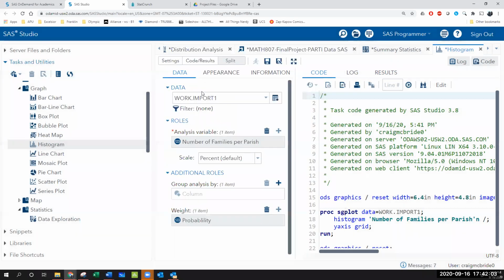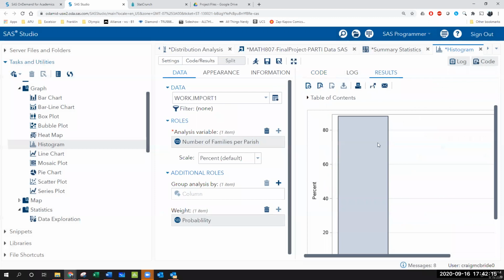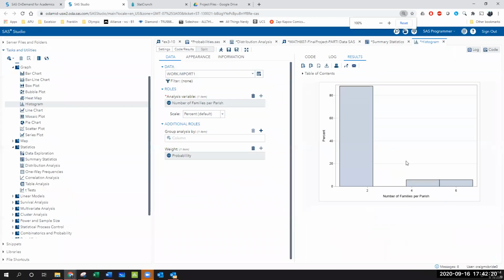So it's going to be the one right underneath it, right? Again, you should use the one that they're, or you should rename them yourselves, but just make sure you know you've got the right probability for the right group. And then if I run this, zoom out. There's my histogram. Now, obviously, that's a pretty poor histogram. I'll want to play around with the bins and things like that, but that's how you get it going.